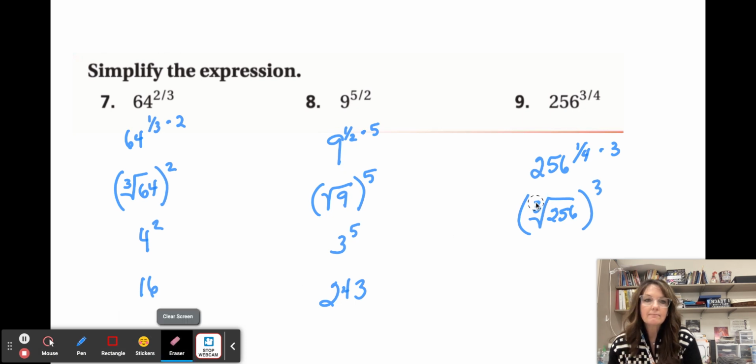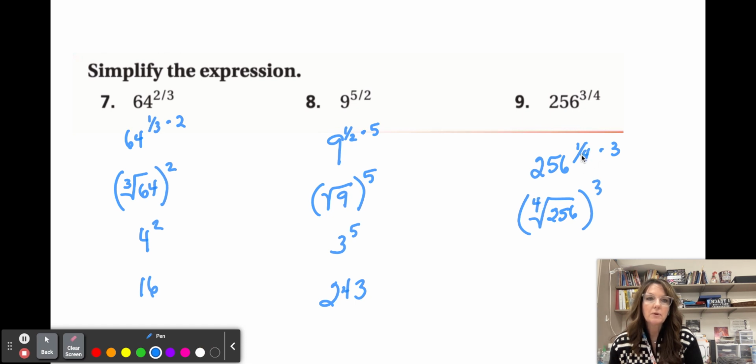Erase. That's a 4th root, because that's the 1/4, right? The denominator tells you the index. And then this is telling you then what you're going to do after that. Okay. So we're going to take the 4th root, which is 4. We're going to cube 4, and we'll get 64.